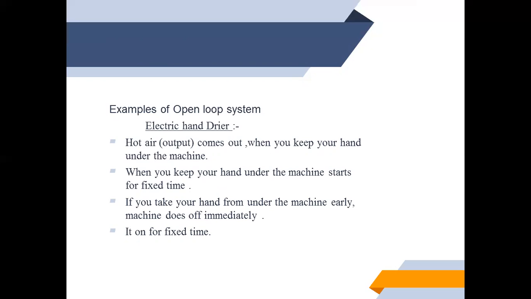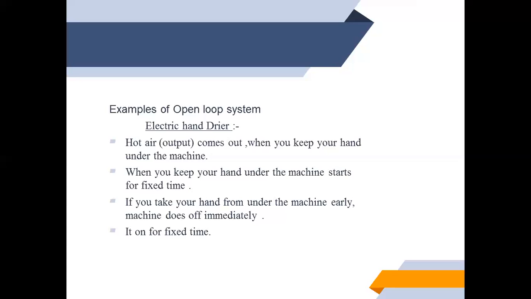Why is that hand dryer an open loop control system? Whether your hands are dry or wet, whenever you put your hands inside that machine, it will run for a particular period of time. No matter whether your hands are totally dry or still wet, it will run a complete cycle of say 30 seconds or 20 seconds, and afterward it stops.